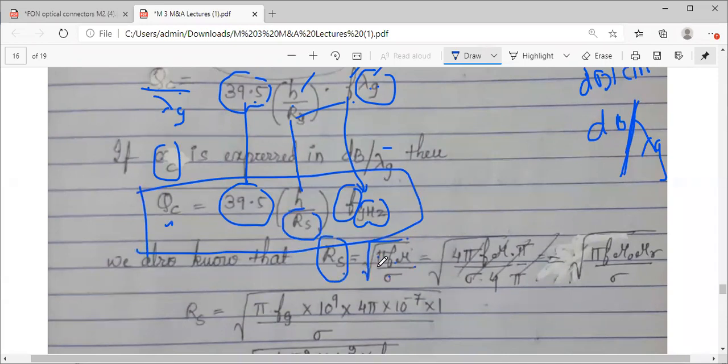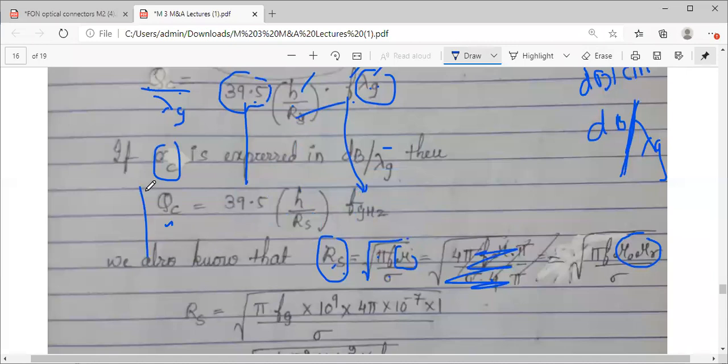I have shown you, I have told you already from the basics of plane wave propagation. So this is the equation for RS. Here further what I can do. So I will take this mu as mu naught into mu r. So in this, I am taking the equation of RS so that I can substitute the value of RS in your final equation.